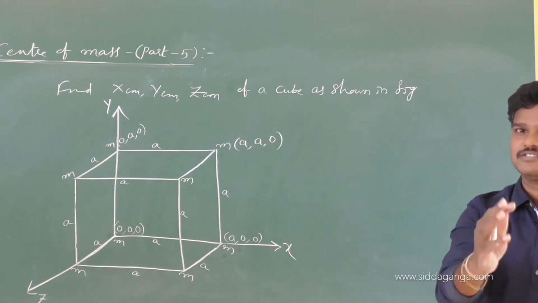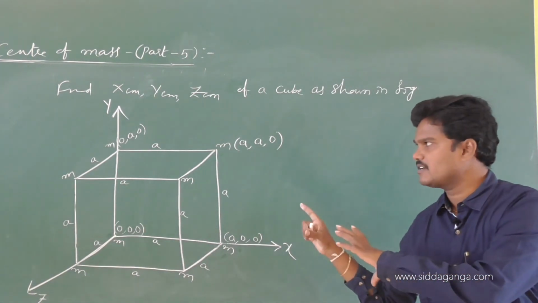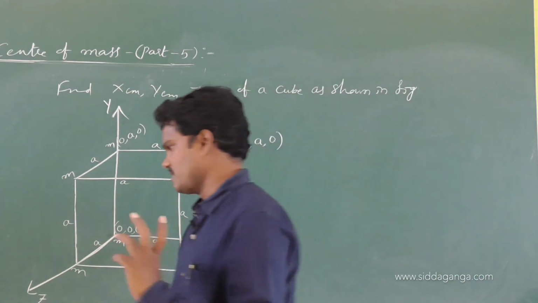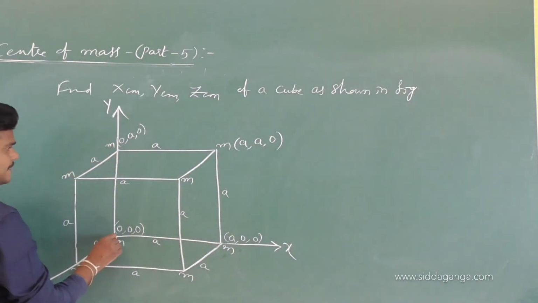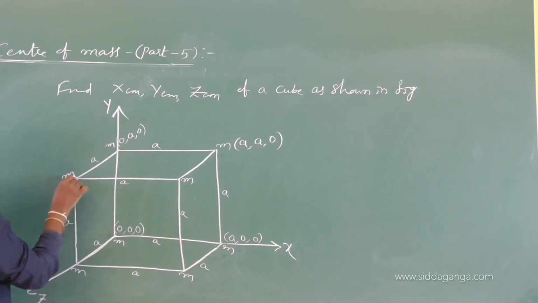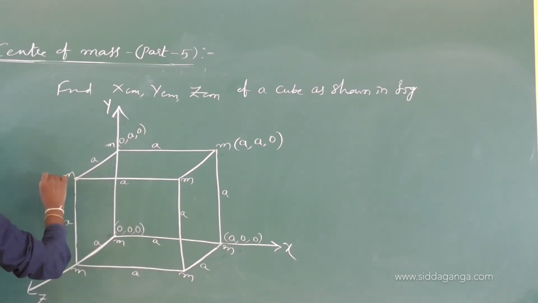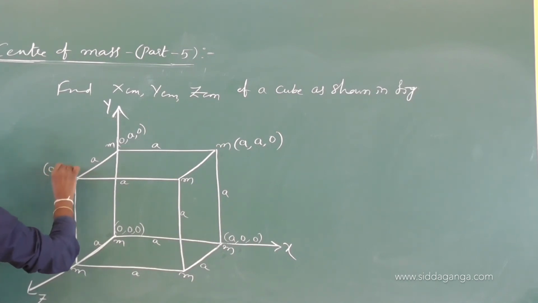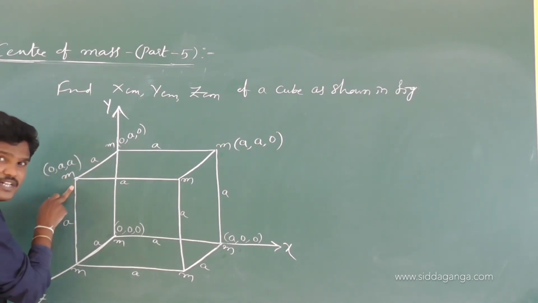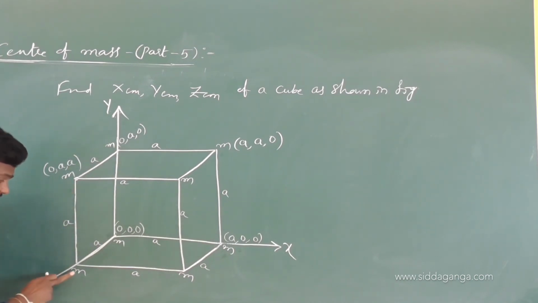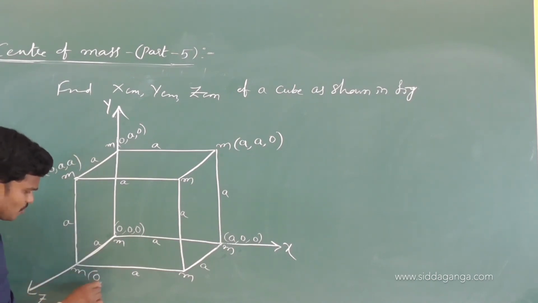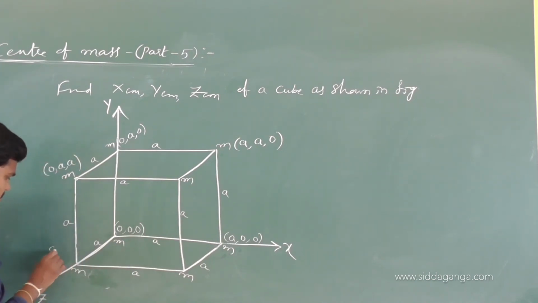Inside square coordinates completed. Now coming to the front side face. Coming to this particle, it is in the yz plane. So what are the coordinates? yz plane means 0 a. This particle is in the yz plane, 0 a a. This is along z axis, 0 comma 0 comma a. So write correctly.